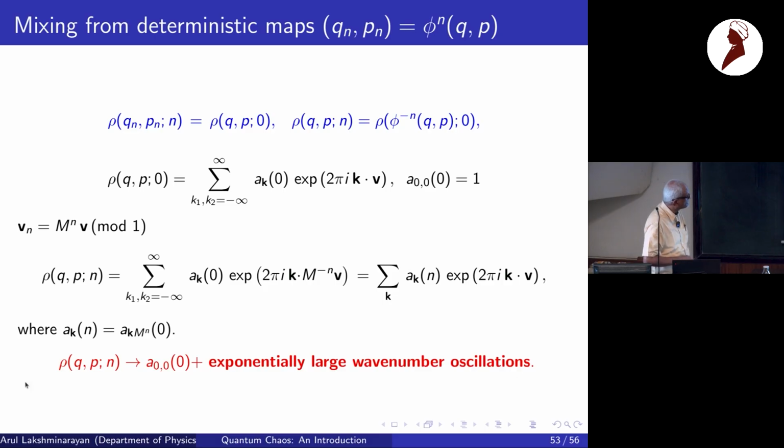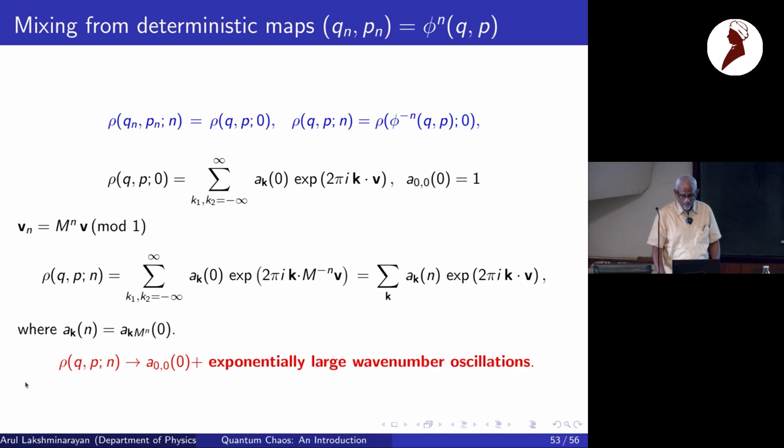What it means is that the power in the modes is increasingly going into the higher frequency modes. This is except for the zero mode. So the zero mode survives as it is, and the others get very large, exponentially large wave number oscillations.